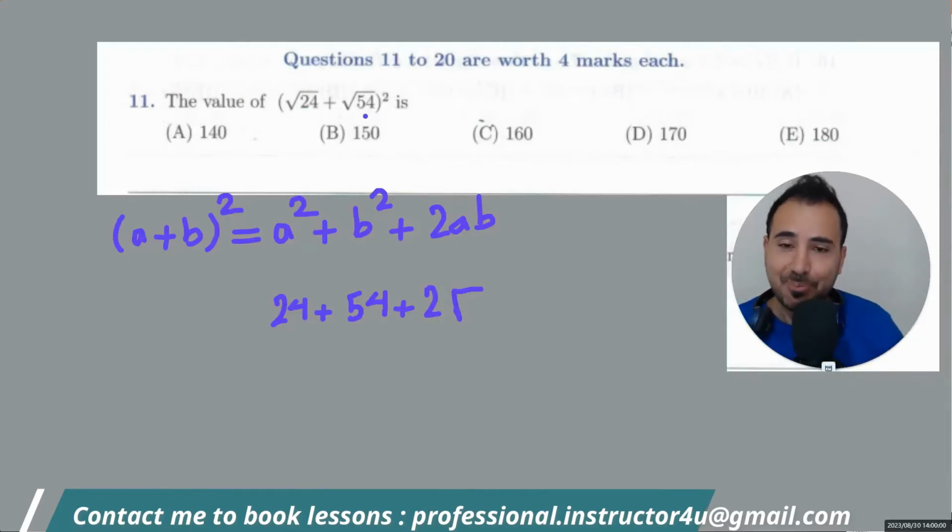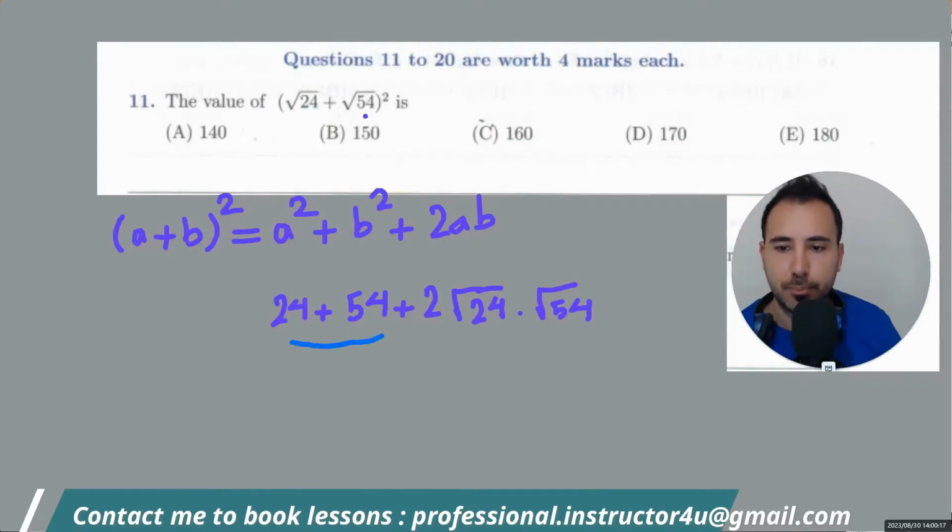So the square root of 24 multiplied by the square root of 54. Okay, so here, let's see this part.